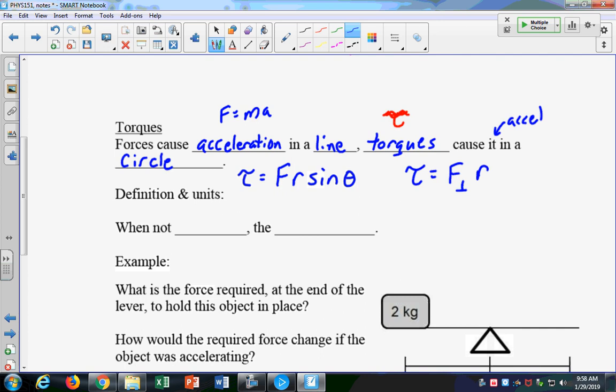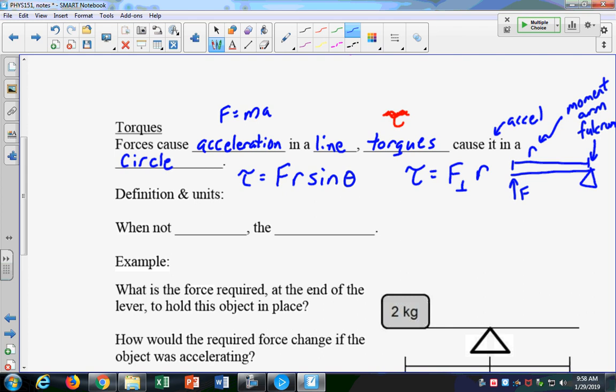I have an object that's allowed to rotate about a certain point. So this is the fulcrum, the triangle. If I apply a force to this, I apply it perpendicular to the surface, and perpendicular to what we call the moment arm, and this distance is R. This is called the moment arm, or sometimes people just call it the moment, but R is the length of the moment arm.